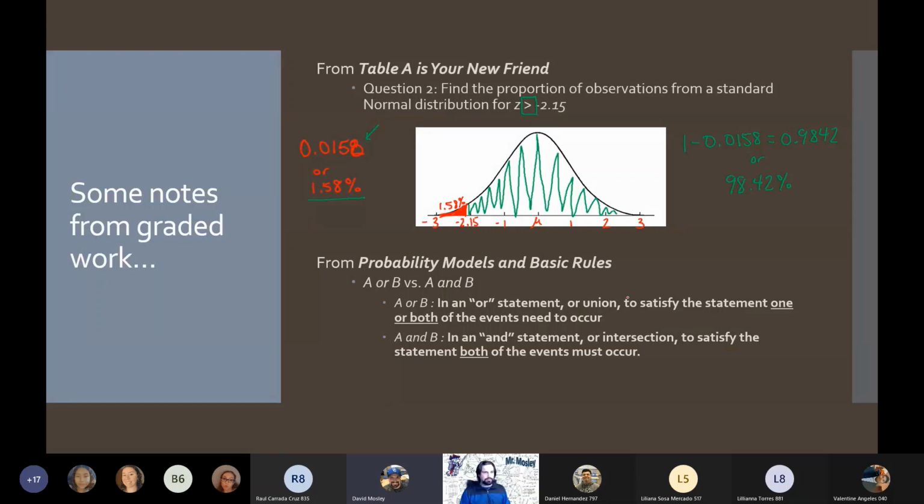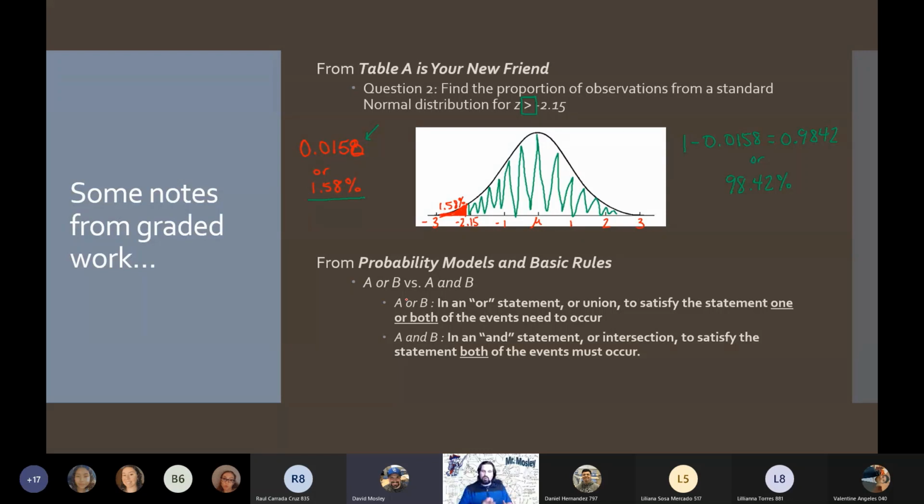All right. So then on our next thing here, probability models and basic rules. This is more recent. The difference between A or B and A and B. This is a major thing in mathematics, in probability, in set theory, and lots of other areas of mathematics where the verbiage and or or is being used.